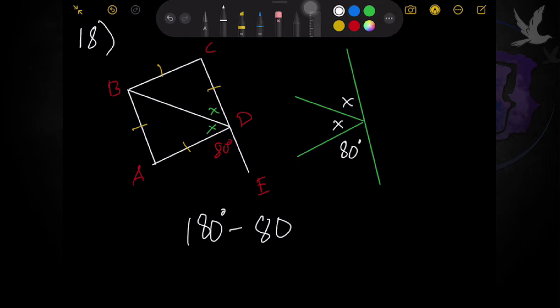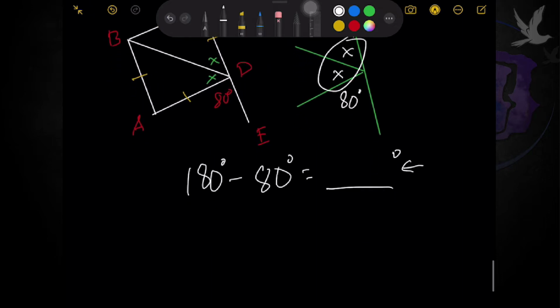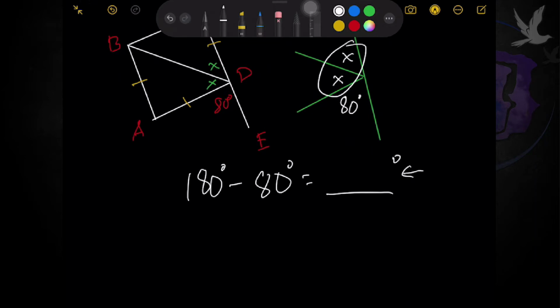Subtract 80 degrees. And that will give you a certain answer. And since these two angles are the same, which means pareha sila and they share this remaining answer na nandito ngayon. Since they are both x's, no?